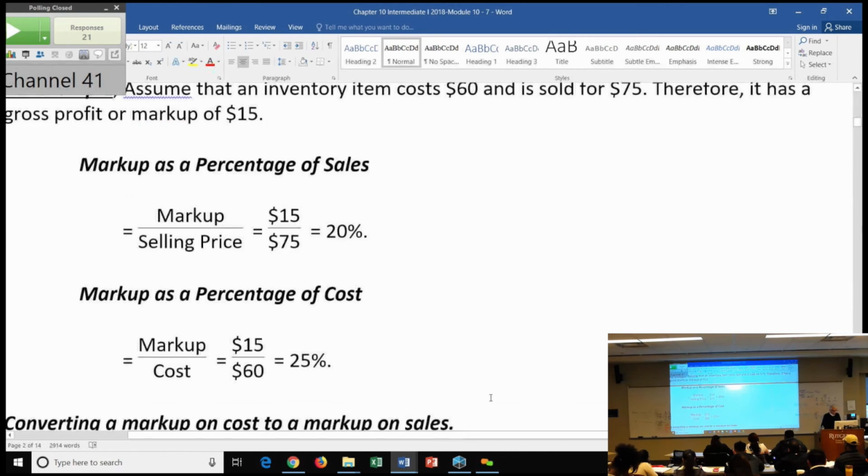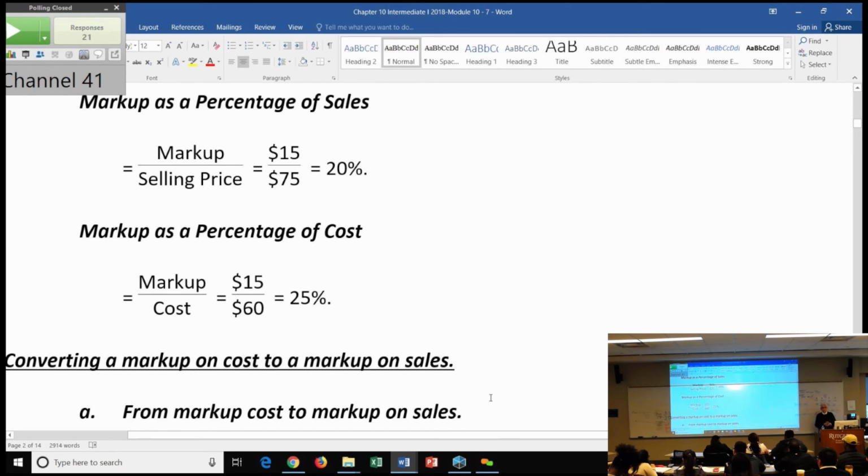The markup on cost is 25%. So you're running your own business, you buy a product that costs you 60, your goal and what you need is a 25% markup on that cost. Therefore, you would have a $15 markup, you'd sell that product for $75. And that's the way you operate in business.